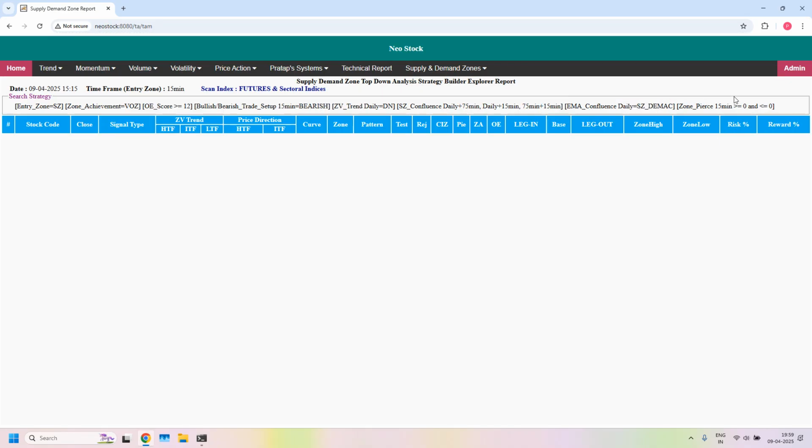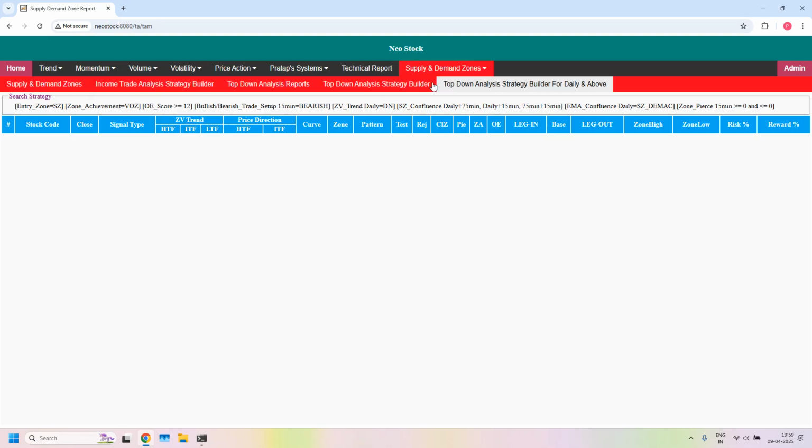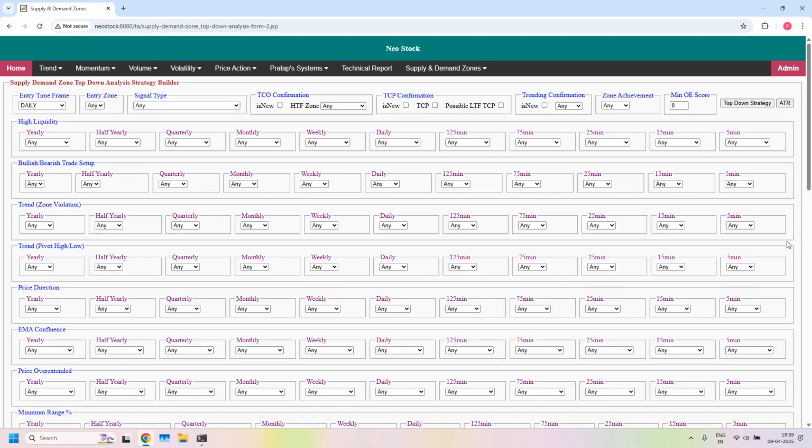Zone should not be pierced, the 15 minute zone. So everything is perfect. That means at present we don't have any stocks matching this condition. Okay, so this is the bearish trade setup for daily income trade. Next we will look into hourly income trade supported stocks.